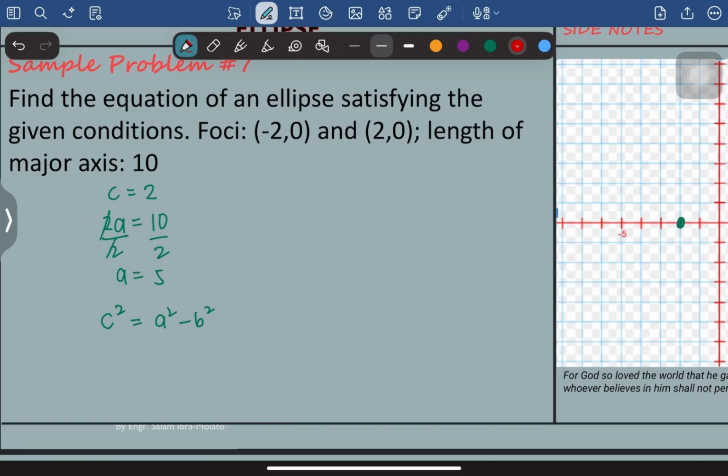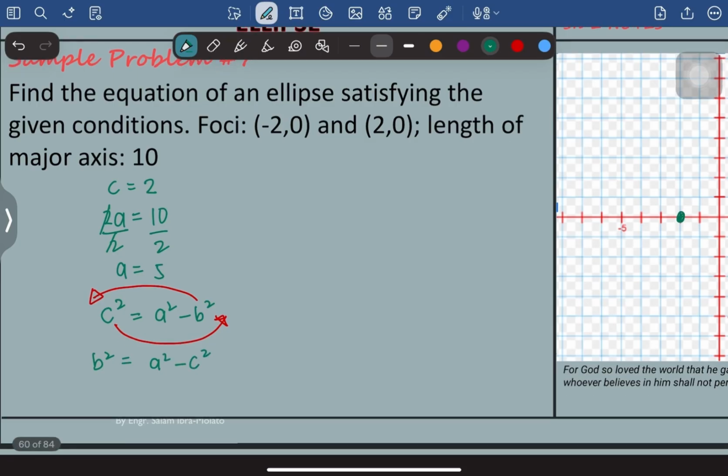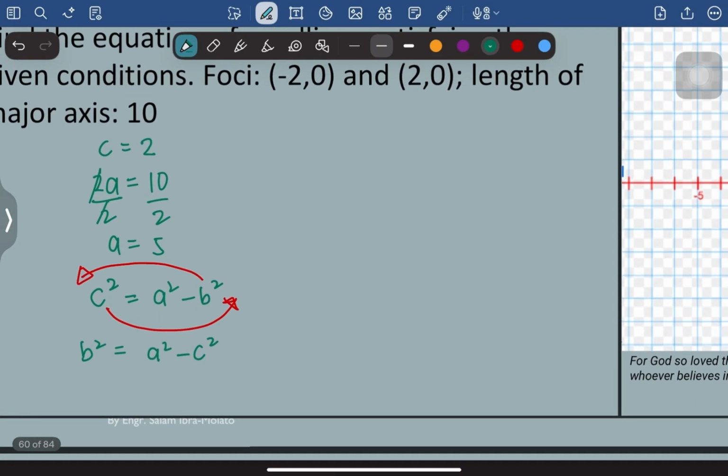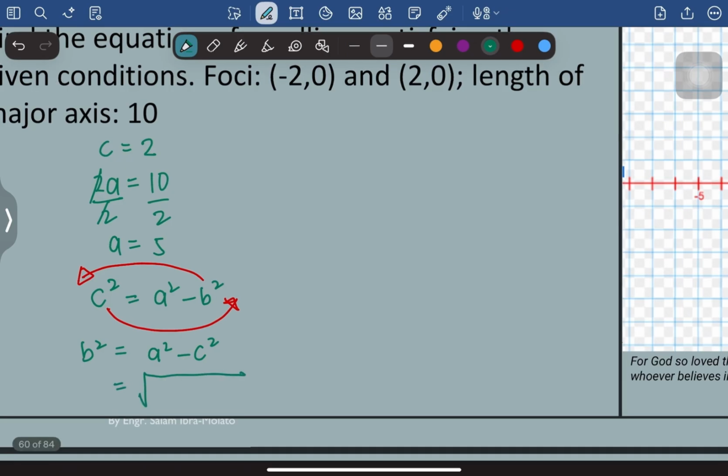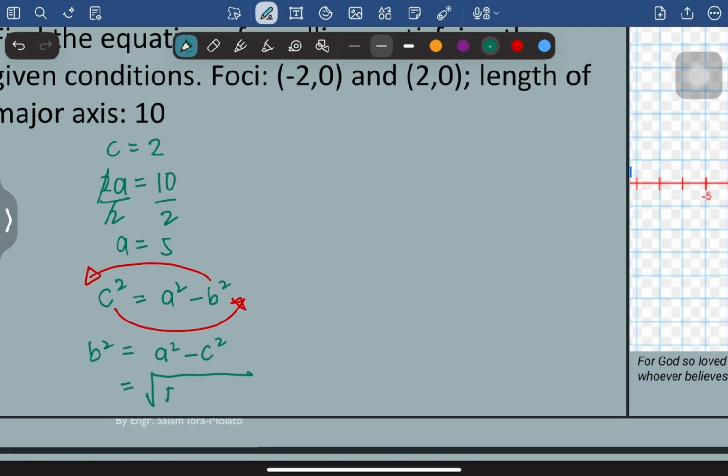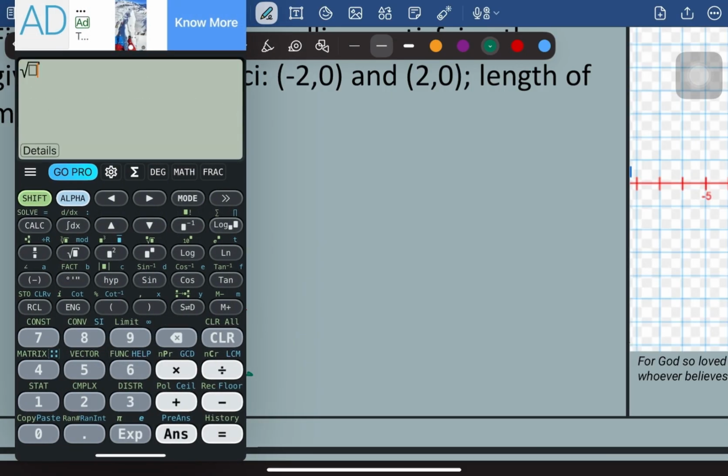Transposing b squared and c squared to the other sides, b squared is equal to a squared minus c squared. Then b is the square root of 5 squared minus 2 squared, which is the square root of 21.